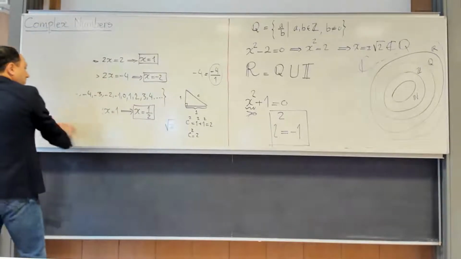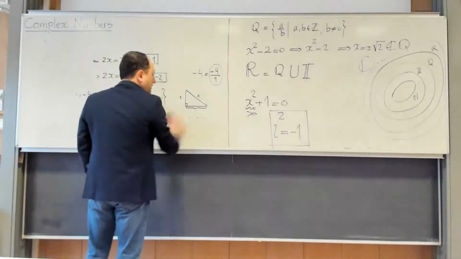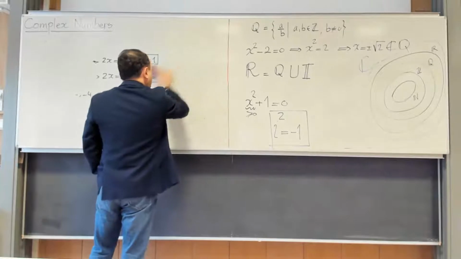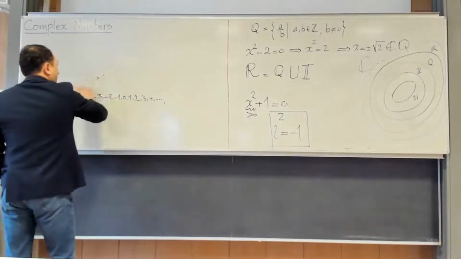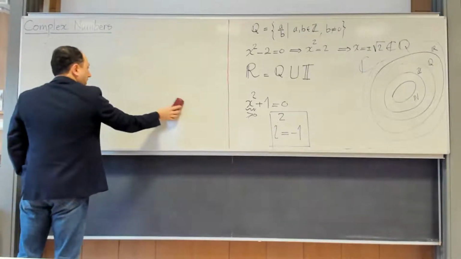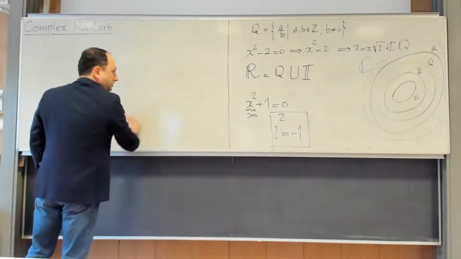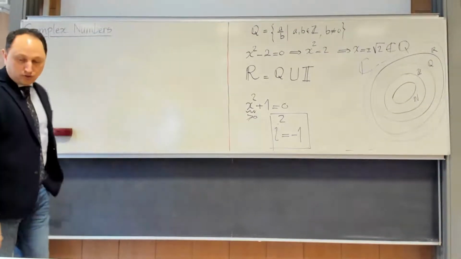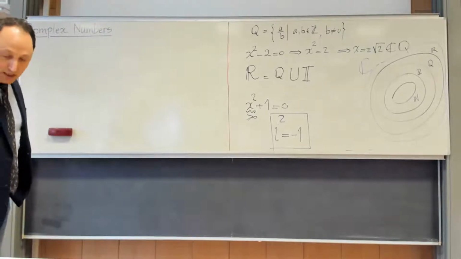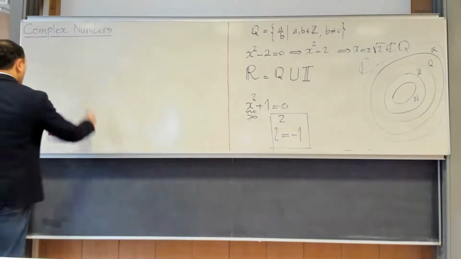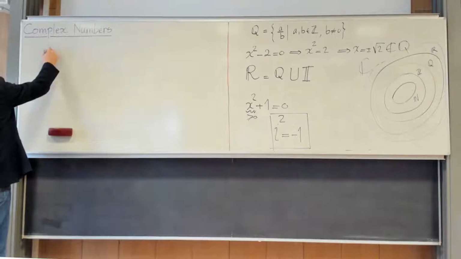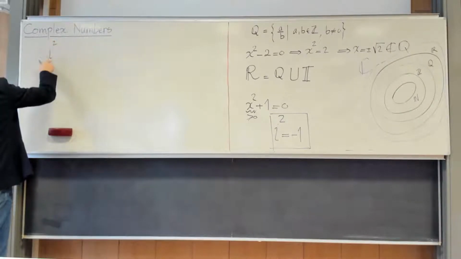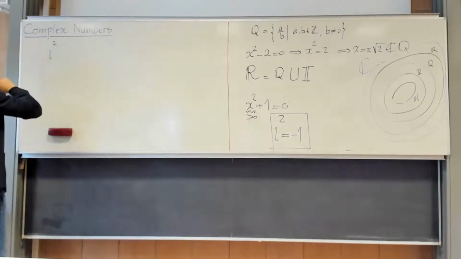So you can imagine it in this way. You can imagine that I am adding a new creature, and I call it the imaginary unit. If you tell me what is the imaginary unit, what I can say is that that's a number. Definitely this number is not a real number.